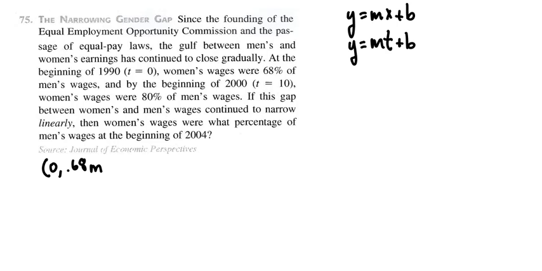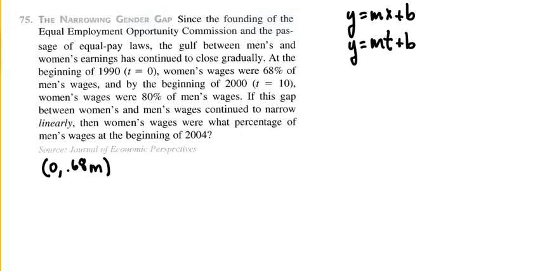Next, what I want to do is find the slope of the line, and in order to do that I need 2 points. Well, I have the point at time t equals 0. I know that women's wages are 68% of men's wages, and so I've started to write 0.68 m. M doesn't refer to slope here, m refers to men's wages, so I hope everybody's got that.